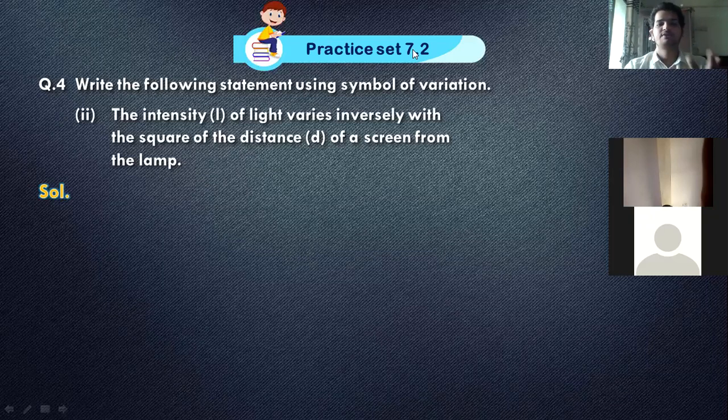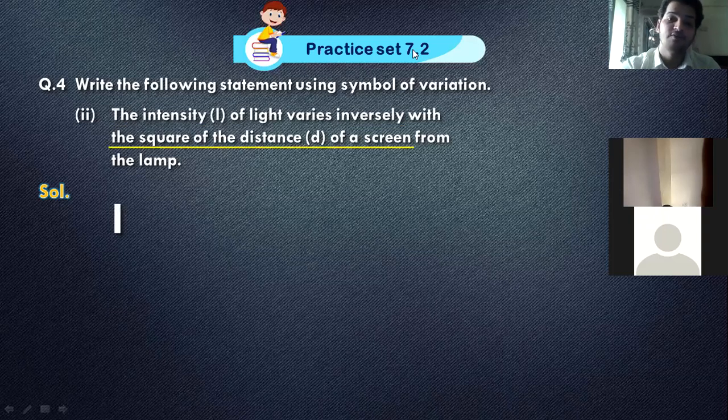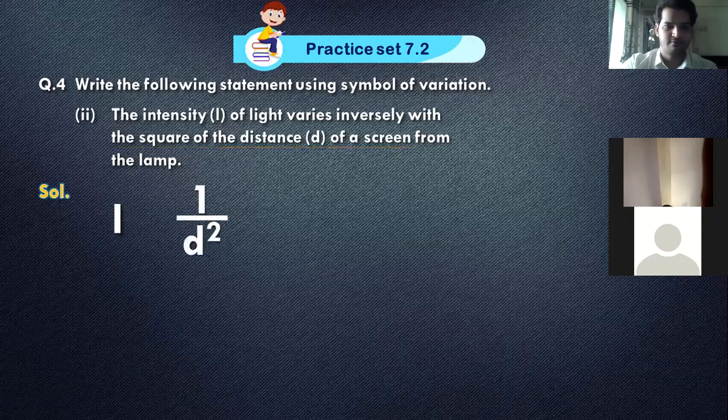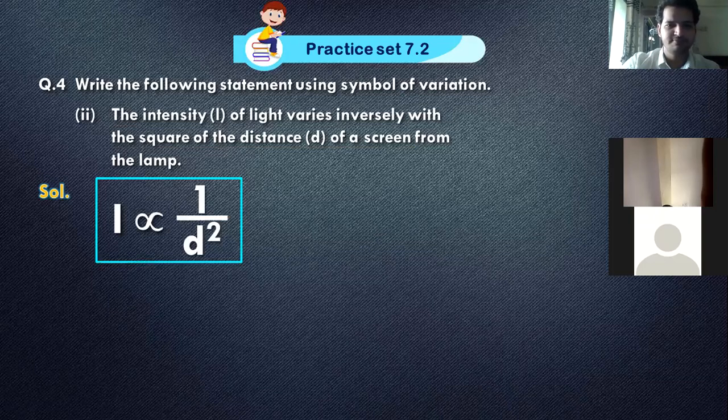So that is a kind of inverse proportion. So intensity of light I is inversely proportional to whom? Square of the distance. Students, square of distance. So we will write 1 upon d square with the inverse sign. All right. Easy kind of question.